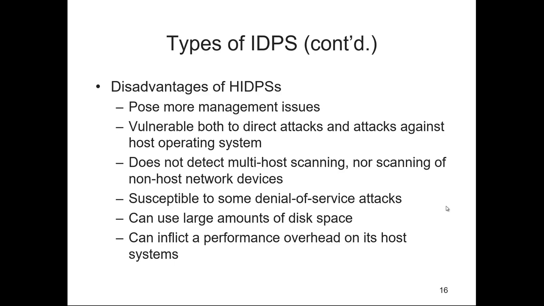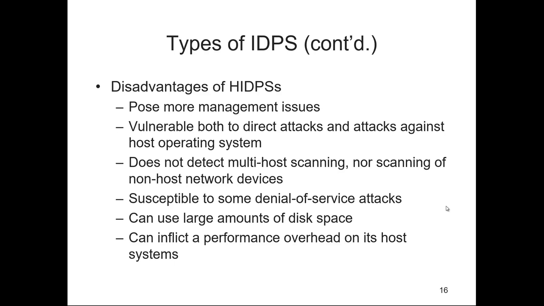It can also use large amounts of disk space to retain the host operating system audit logs. To function properly, it may require disk capacity to be increased or added to the system, to make sure that the capacity is enough for all these logs that are being audited.